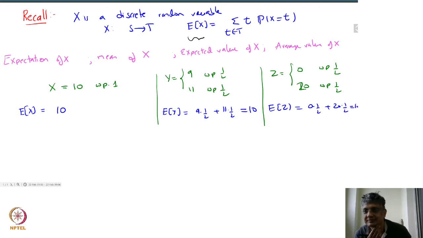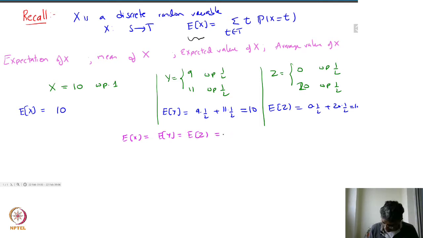Very nice. So the crux of the matter is that all these 3 random variables have the same mean, right? E of X is equal to E of Y is equal to E of Z is equal to 10. Very good.